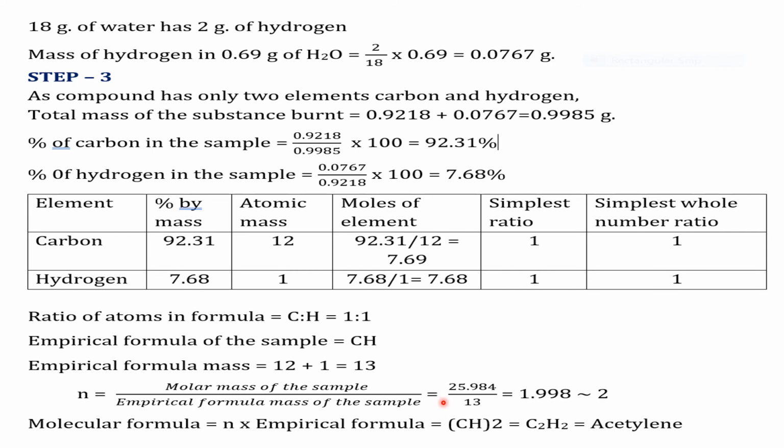Molar mass is 25.984 by empirical formula mass 13, which is equal to 1.998 and is rounded to 2. Now the molecular formula is n into empirical formula, that is CH into 2, which is C2H2, and this substance is acetylene. Therefore acetylene is a fuel gas.